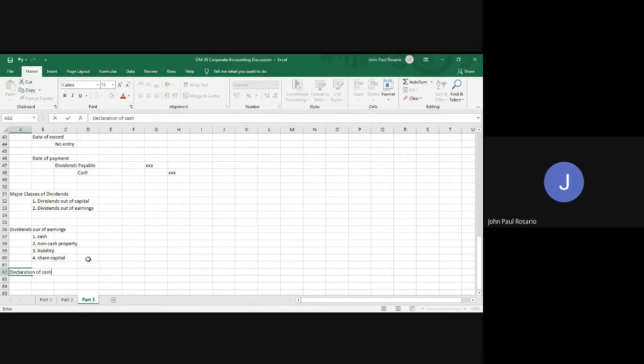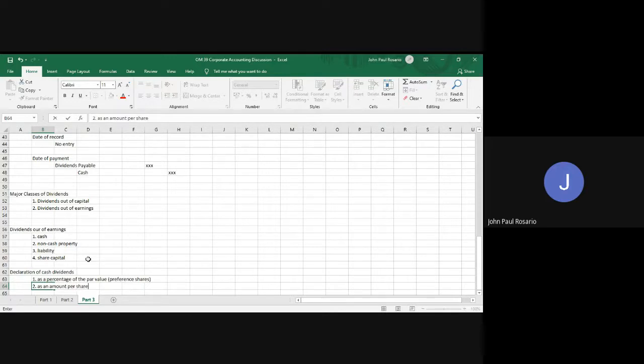So, declaration of cash dividends may either be as a percentage of the par value. Usually, mo ni siya ang mahitabo sa imong preference shares. Usually. And then number 2 is as an amount per share.